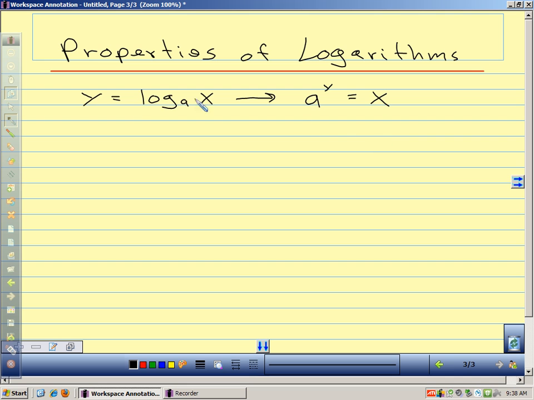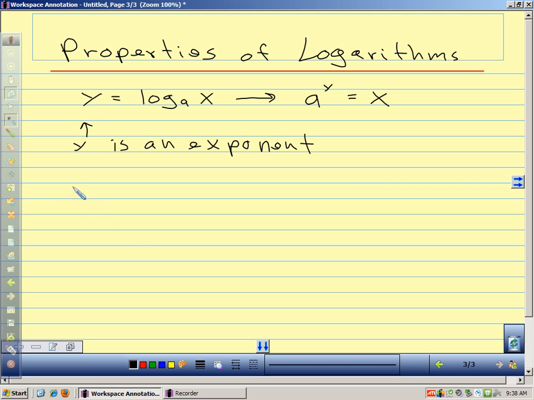Those two are the same thing, logarithmic form, exponential form. So y is an exponent. So our properties of logarithms come from our properties of exponents, because what we're talking about here are, in fact, exponents. So let's look at our properties.